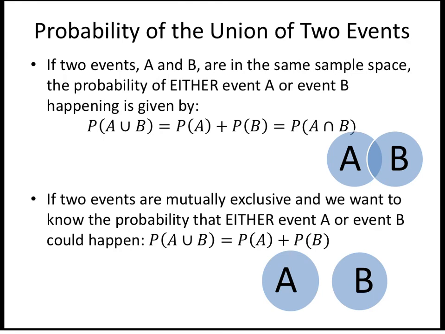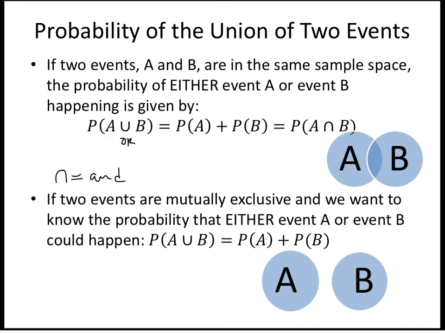Now let's talk about the probability of the union of two events. If two events are in the same sample space, the probability of either event A happening or event B happening is given by probability of A union B. So unions are more like ORs, and intersection is an AND, okay?